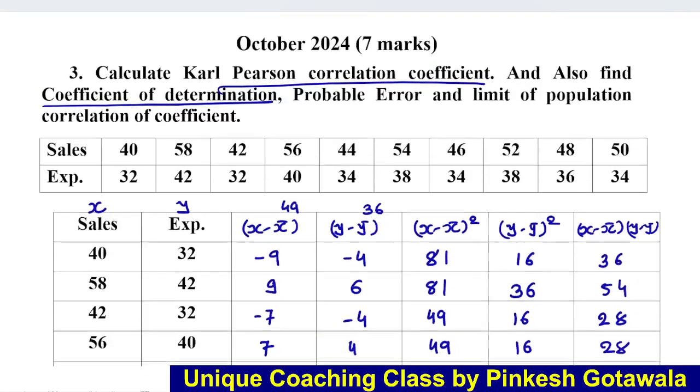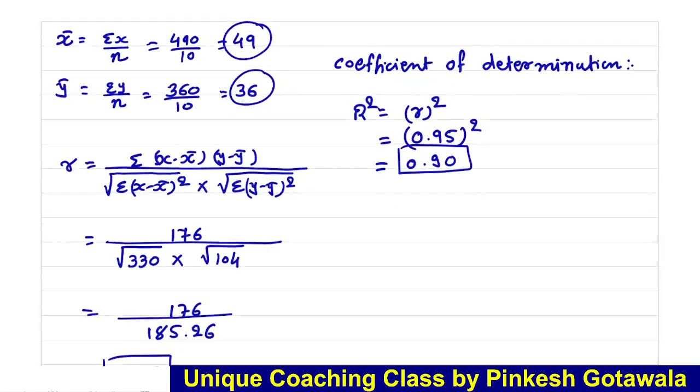Now the question is what to find out: probable error. The second thing I have added is to find out probable error. It is denoted by PE. So first of all, how to find out probable error?